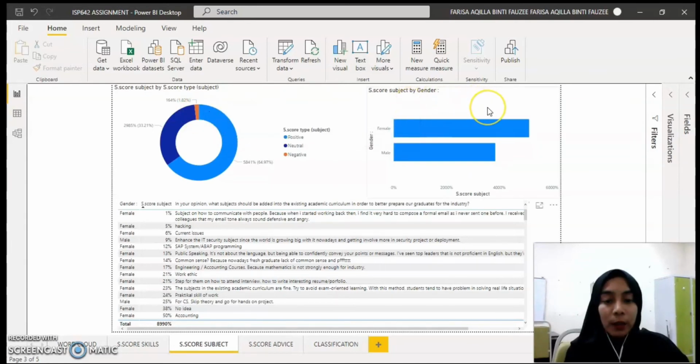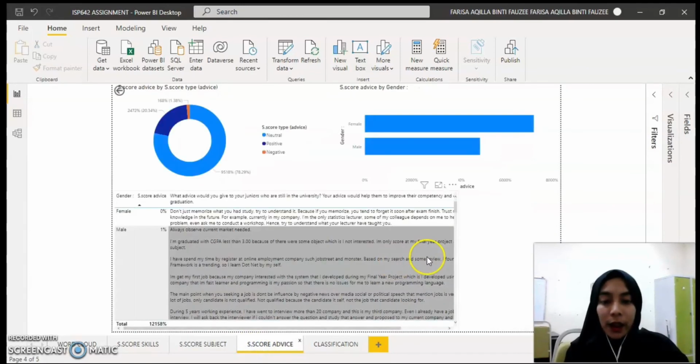For the sentiment score subject by gender, the highest one is female with 51.37%. The second one is male with 38.53%. In the table view, we can see the gender, sentiment score subject with the percentage, and the data.